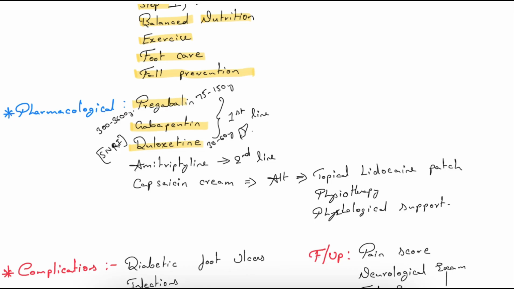Next one, amitriptyline. Amitriptyline is a tricyclic antidepressant. We can use 10 to 75 milligram. This is a second line drug. After using the first line drugs, if the patient is not getting any recovery, then we have to go with amitriptyline. Second line, orally we have to give at night.